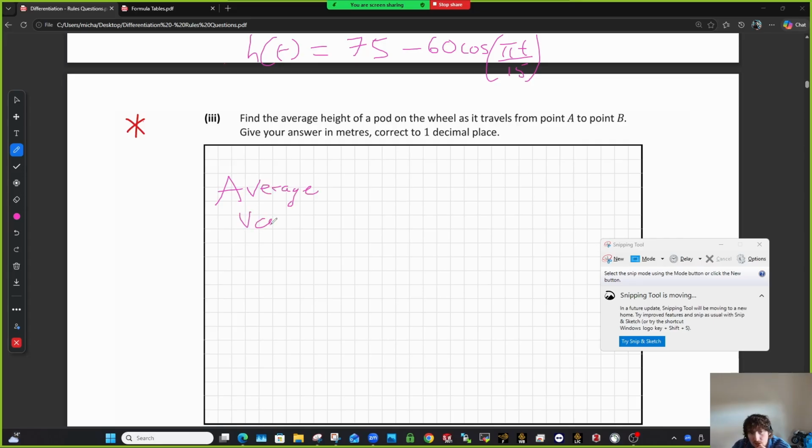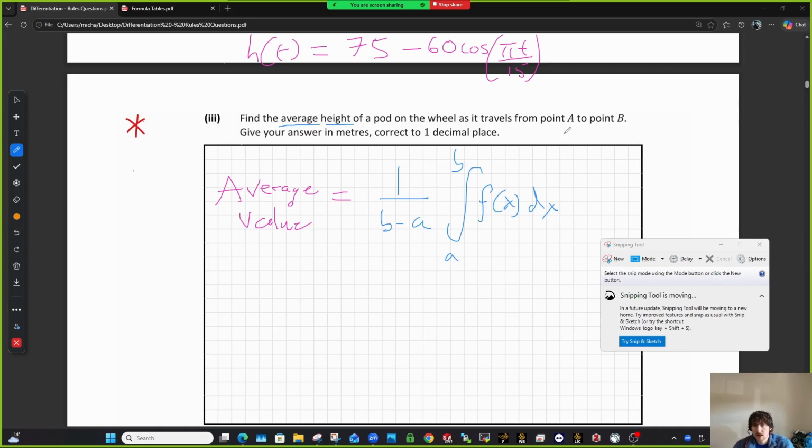The average value of a function is 1 over b minus a, times the integral from a to b of the function with respect to x. It's a really important formula. Average height means average value, so use this formula.